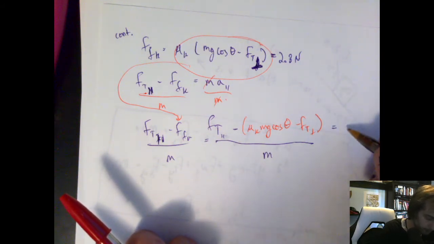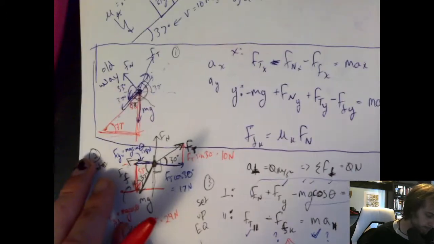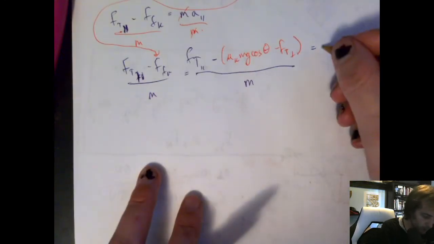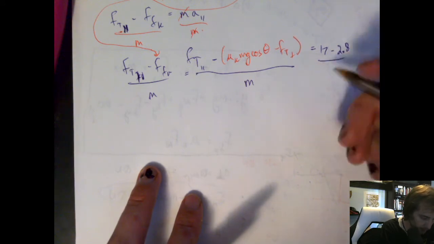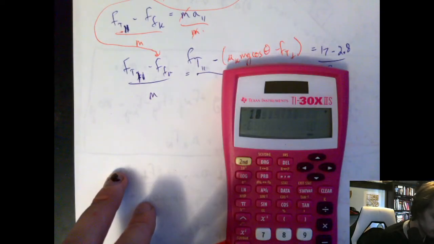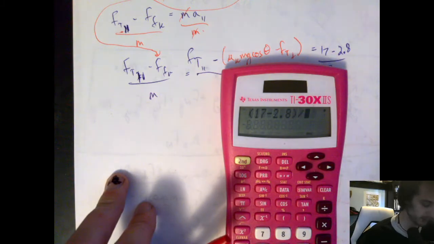And that'll equal this one, which I think was 17, but let's double check the sheet. Yep, 17. Minus 2.8 divided by 3, I think. So parentheses for the numerator, 17 minus 2.8, close the parentheses and divide by the denominator of 3.